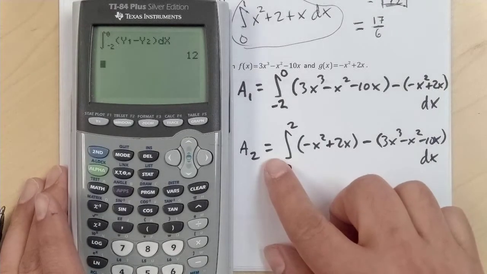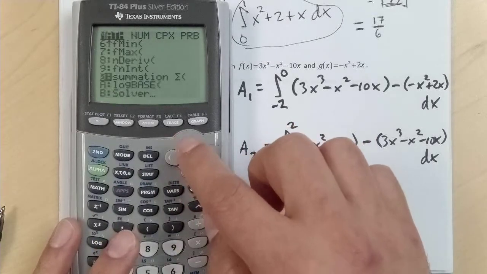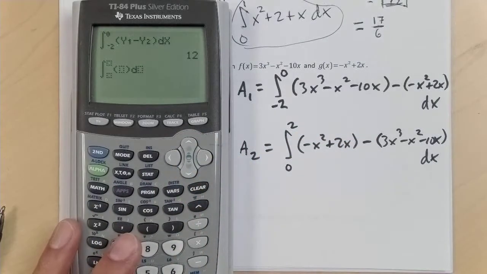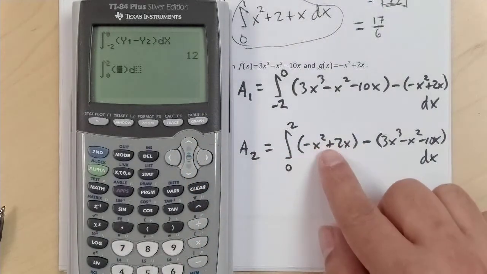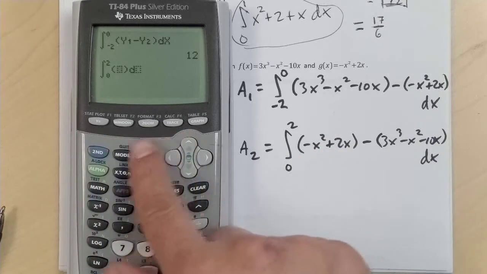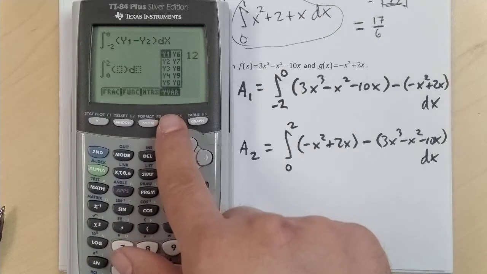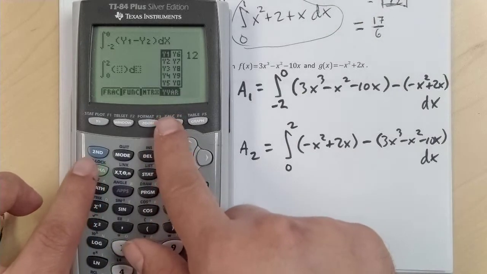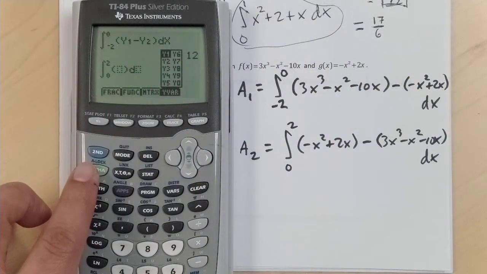Okay, so for the second integral, math, integral, 0 to 2. And now we want to do y2 minus y1. The other place where you can find it, if you press alpha F4, you get it right away without having to go through all those screens, which is kind of nice to know.